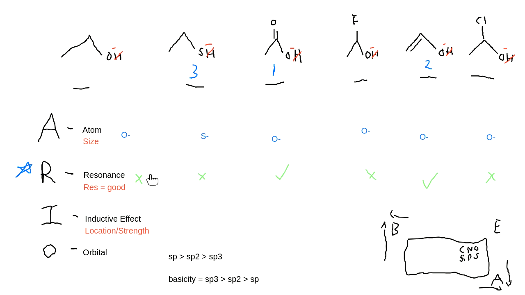This question says rank the following acids, number 1 being the most acidic. Resonance helps acidity, but I need to double check if it is good for basicity.